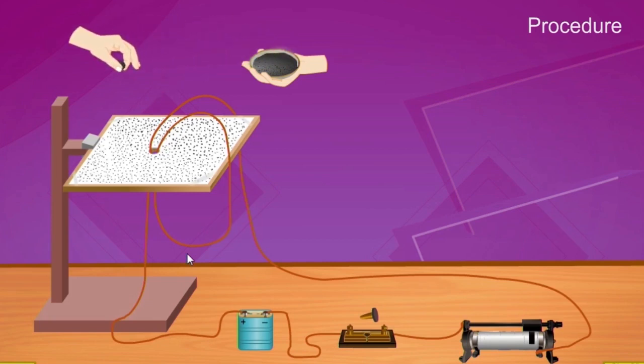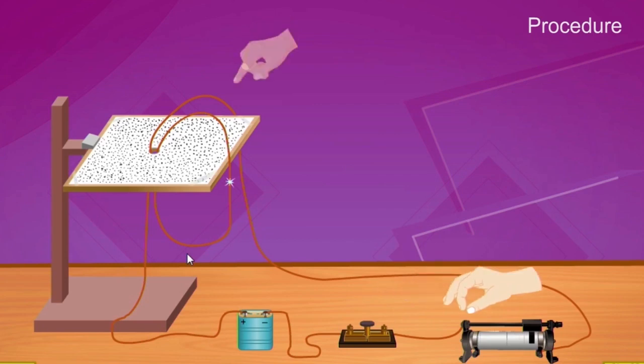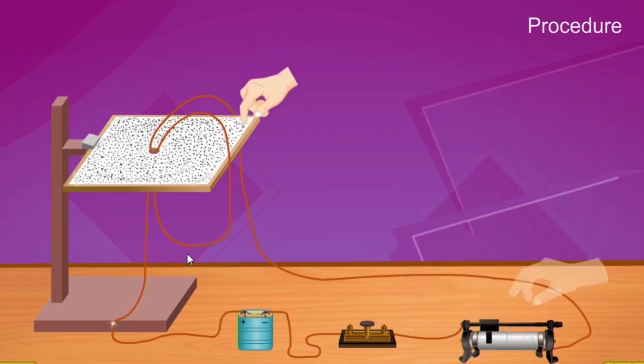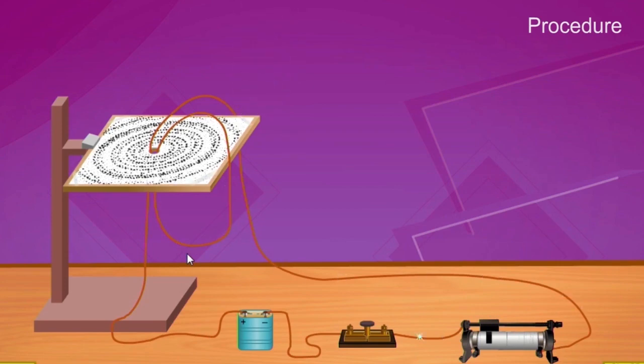And after sprinkling all the iron filings, pass the current by closing the switch K and then gently tap the cardboard. What will you observe? It is seen that the iron powder arranges itself in the form of concentric circles, thereby showing the existence of a magnetic field there in the form of these magnetic field lines.